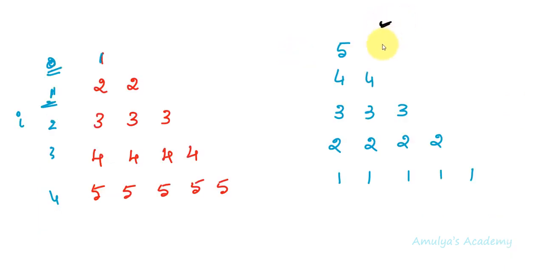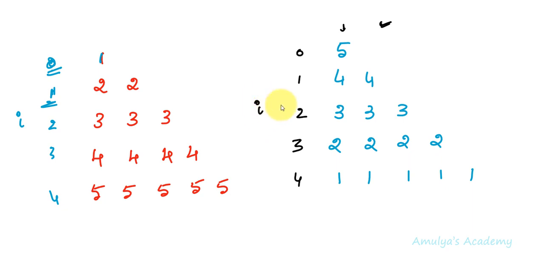So the next pattern is this. First here we want 5, next 4, 4, 3, 3, 3, 2, 2, 2, 2, 1, 1, 1, 1 like this. Here also we want to print the numbers in the right triangle shape. But here first we want to print 5, next 4, 3, 2, 1. So here I'll take I value.